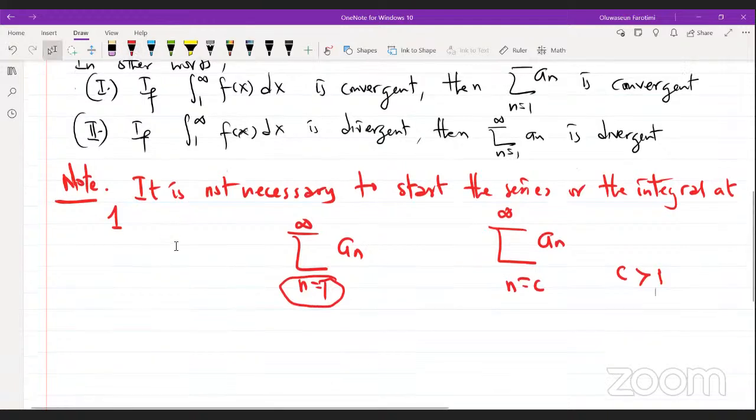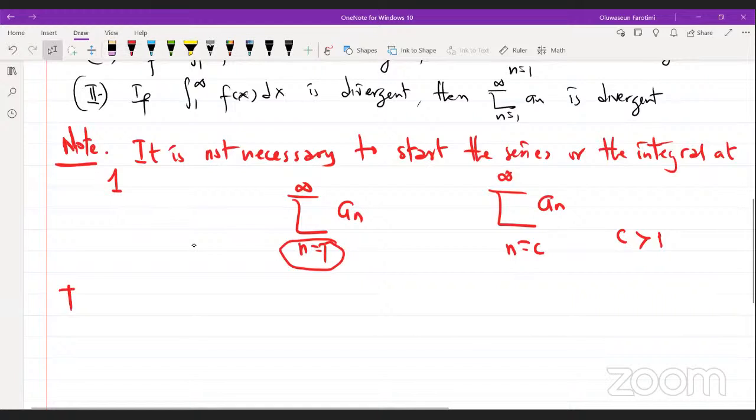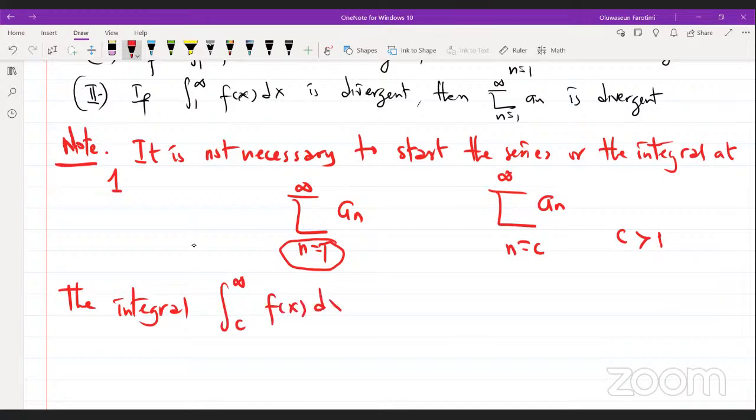So an example, just to write more on that. So the integral, this is an improper integral, from c to infinity of f of x dx.